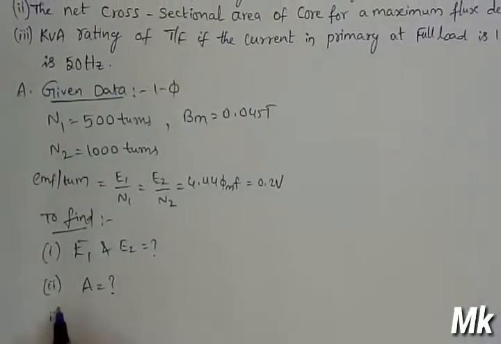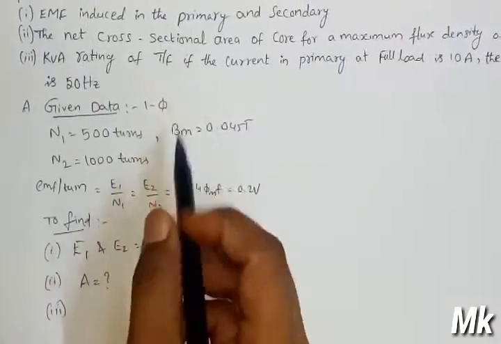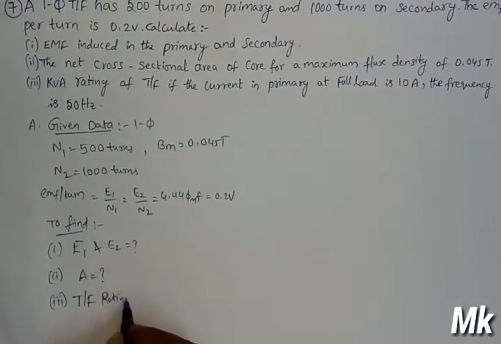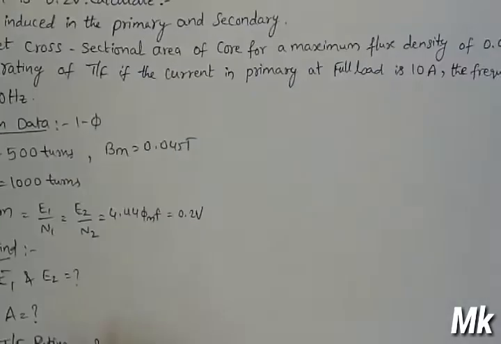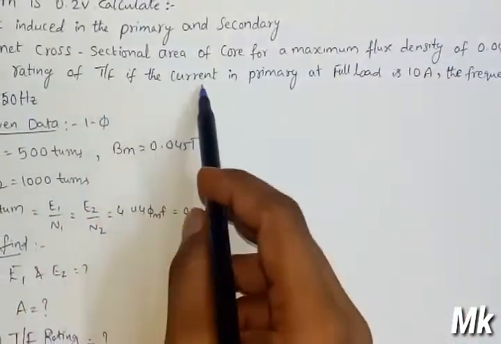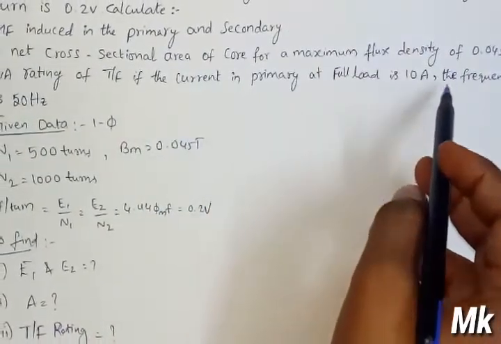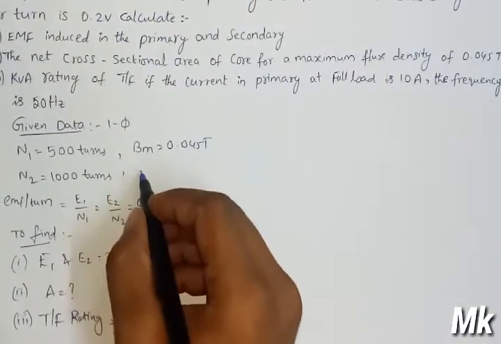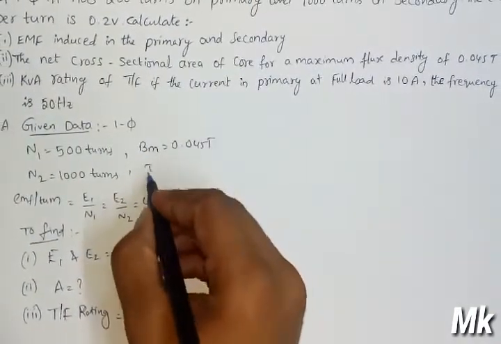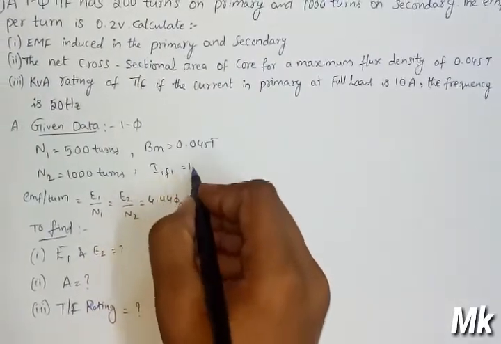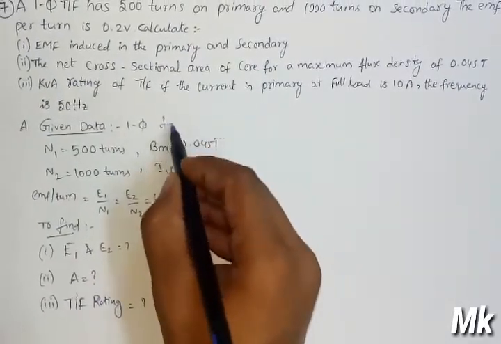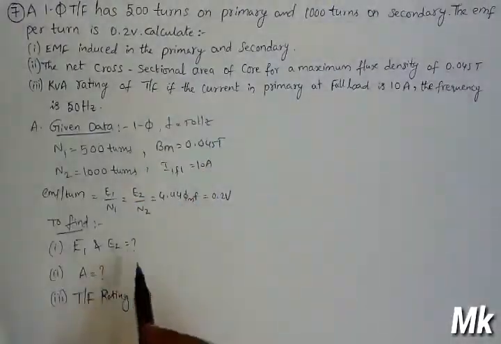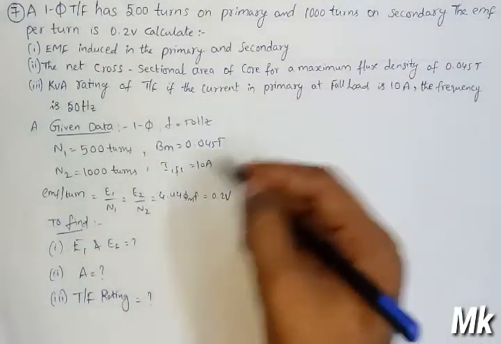And third one is kVA rating of transformer, that means transformer rating is equal to what? If the current in primary at full load is 10 amps, I1FL is equal to 10 amps, and the frequency is 50 Hz. This is the given data. We should find these three.